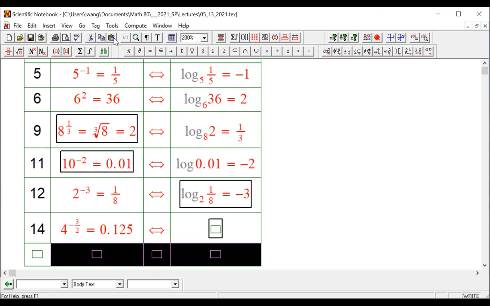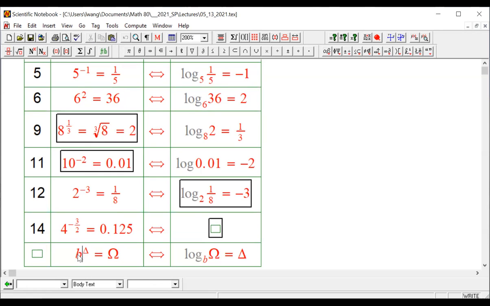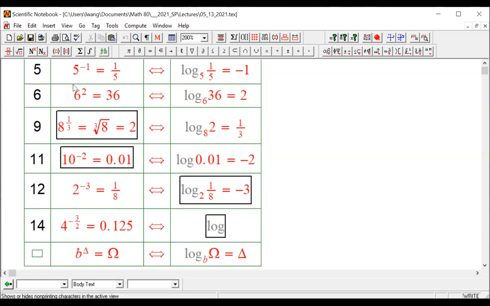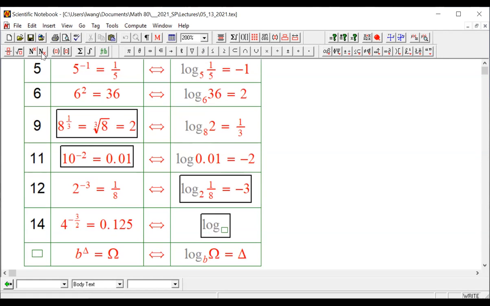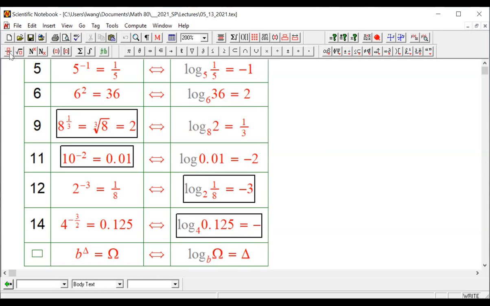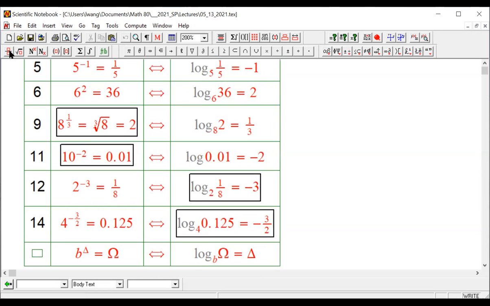B is 4, the triangle is -3/2, and the omega is 0.125. So you would simply write it as log base 4 of 0.125 is equal to -3/2. That's it.